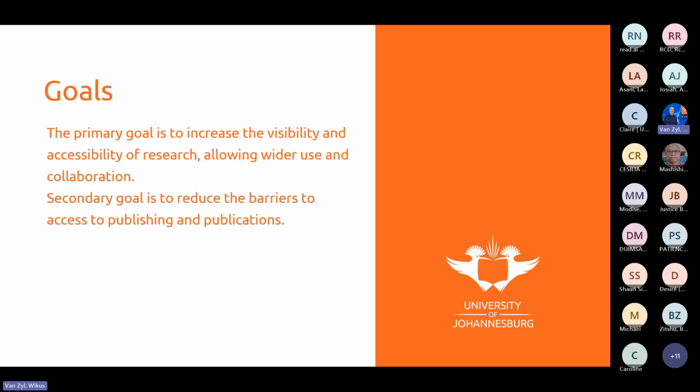Then the goals of open access is to firstly increase the visibility and accessibility of research, opening up to a wider audience, but then secondly, also reducing the financial barriers to access to publishing and publications. So that means both for authors and for readers. Publishers want to reduce barriers.